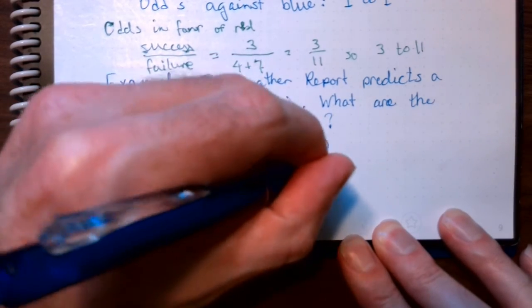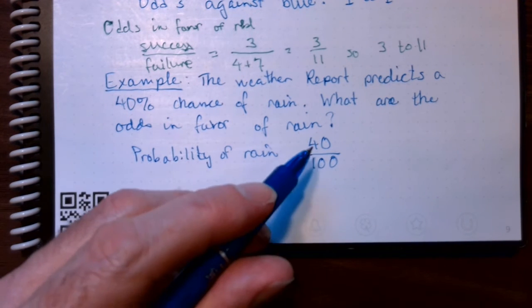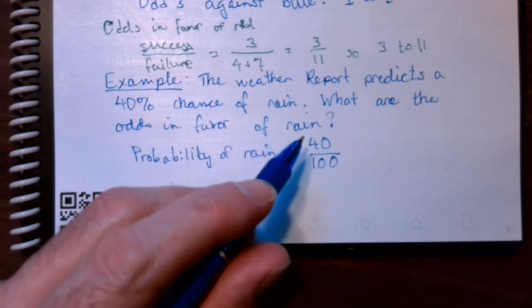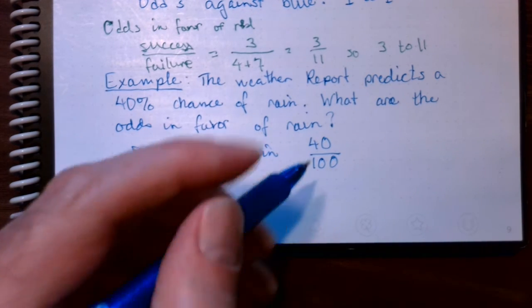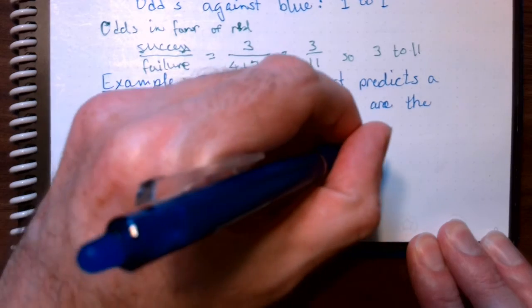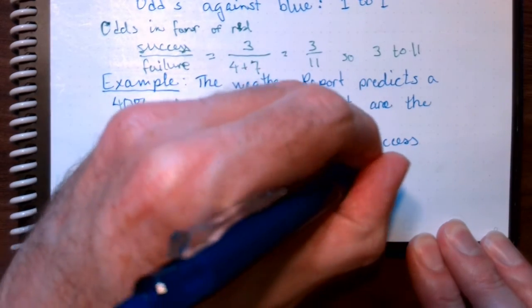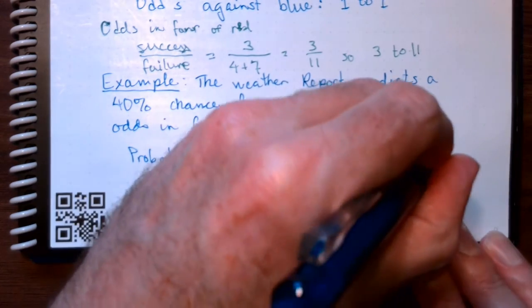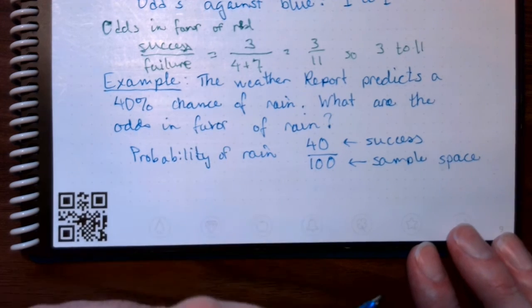And of course, every percent is a fraction. 40% means 40 out of 100, okay? And 40 out of 100 days like this, it will rain. So this is the probability. Now remember, probability is success to the sample space. Okay, on 100 days like this, 40 of them will rain.